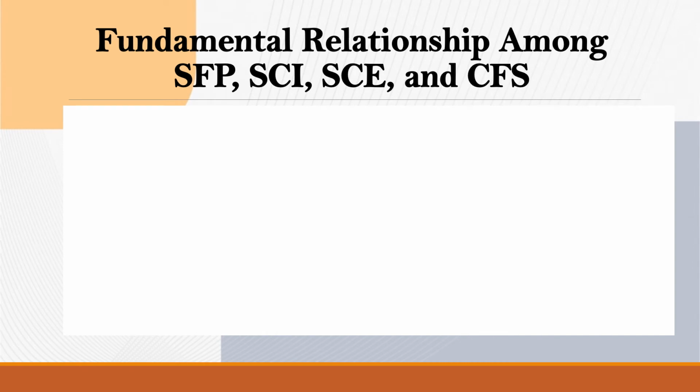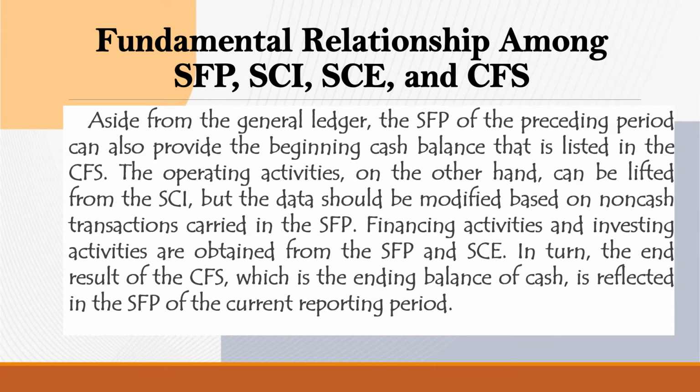What is the relationship between SFP, SCI, SCE, and CFS? Aside from the general ledger, the SFP of the preceding period can also provide the beginning cash balance that is listed in the CFS. The operating activities, on the other hand, can be lifted from the SCI, but the data should be modified based on non-cash transactions carried in the SFP.